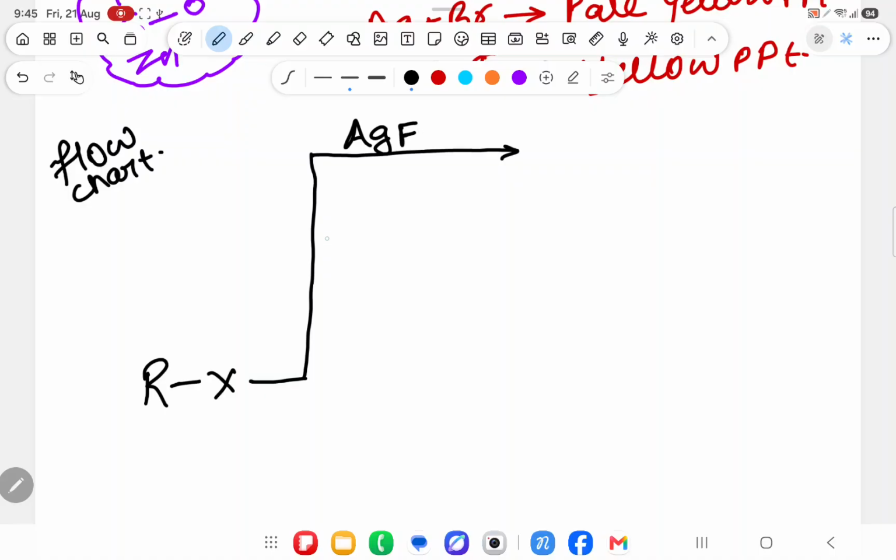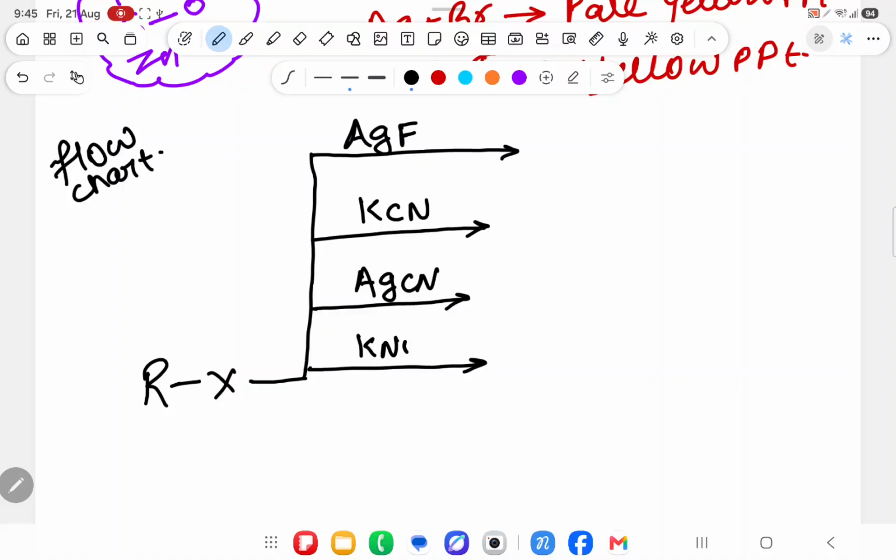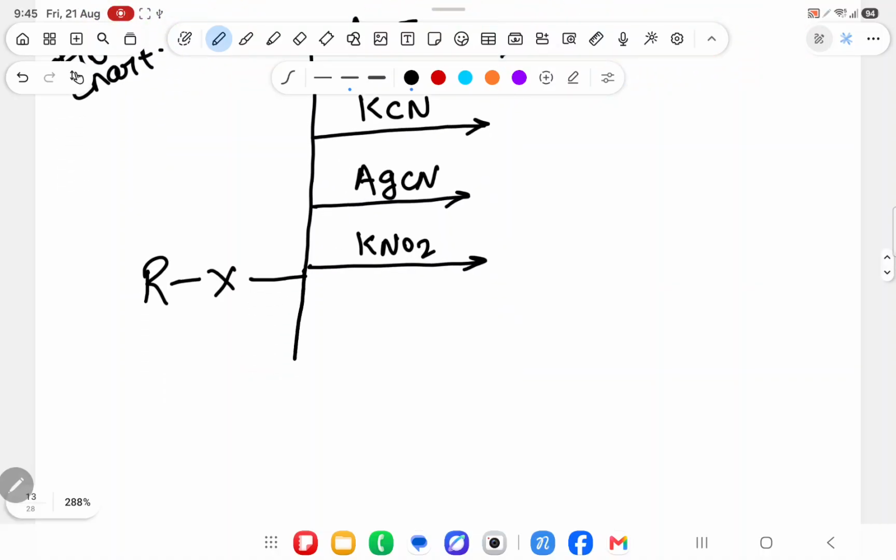AgF, second one. KCN, third one. AgCN, fourth one. KNO2, fifth one.